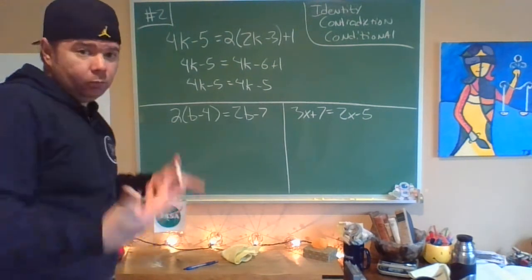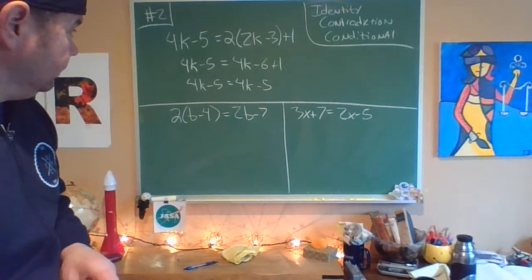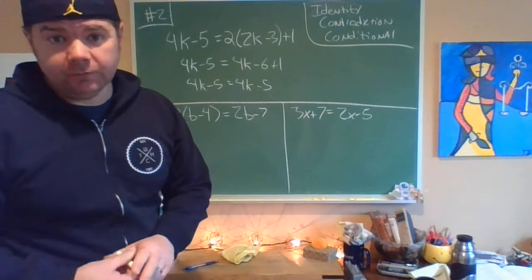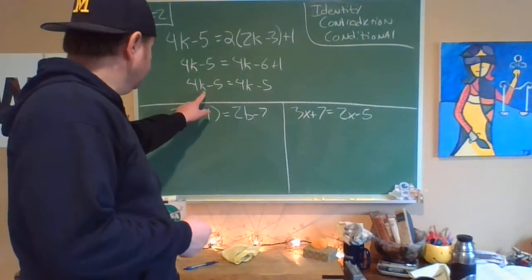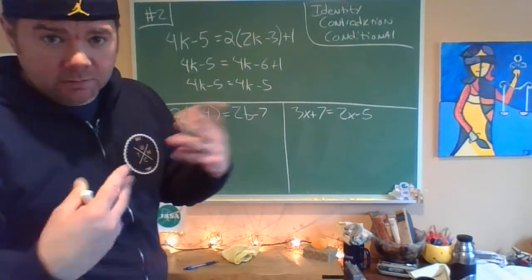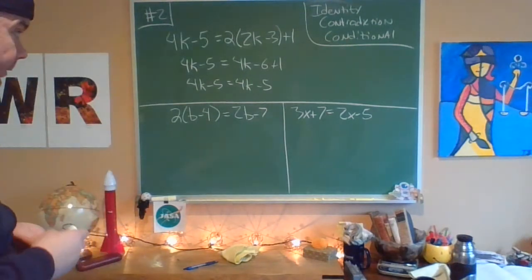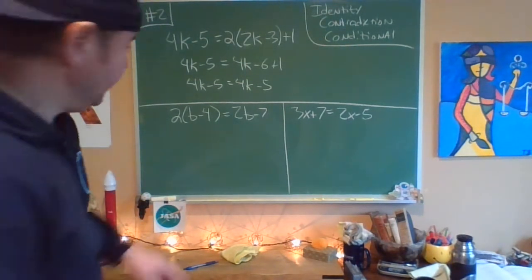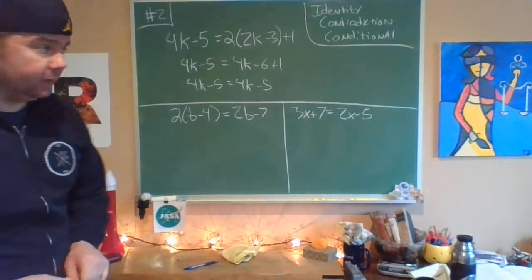Now if we were to try to solve this equation, in other words, figure out what values for k can be substituted into this equation such that you get a true statement, well, anything you put in for k will work, because it's exactly the same thing on both sides, right?